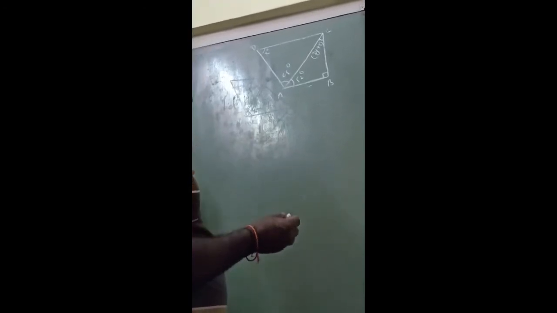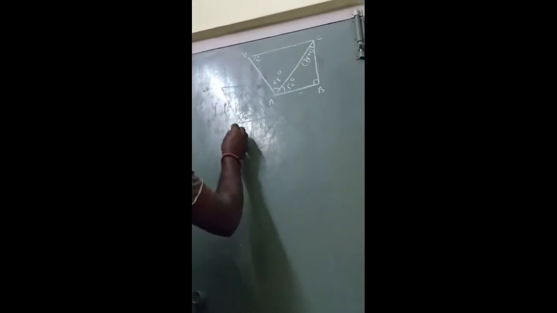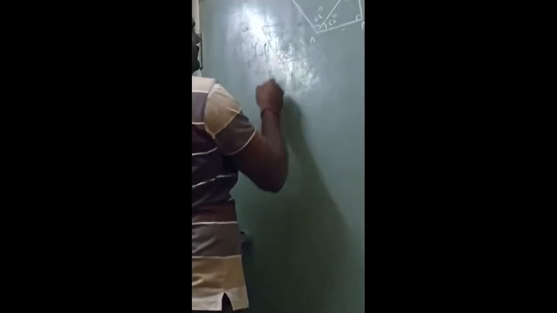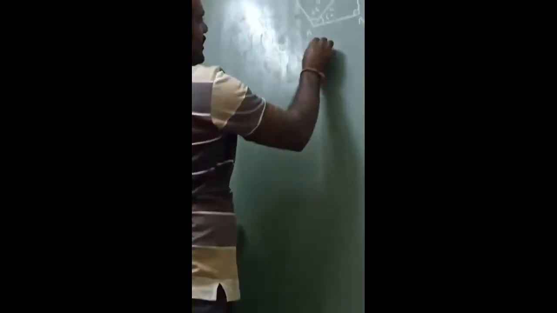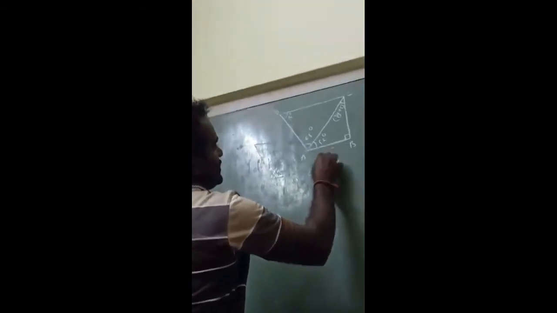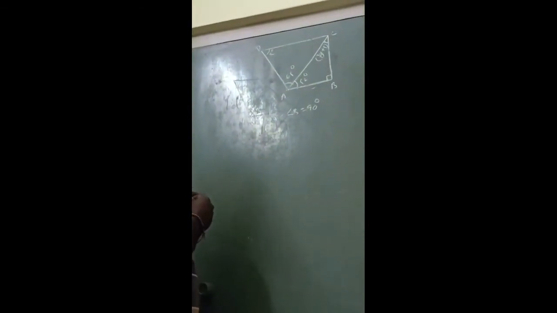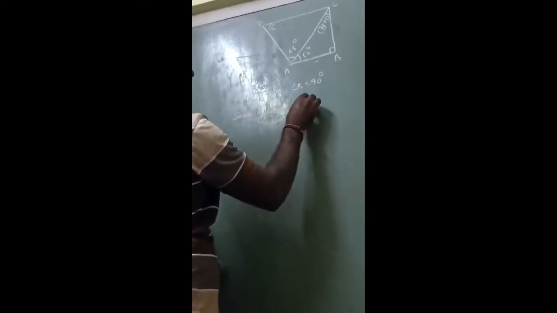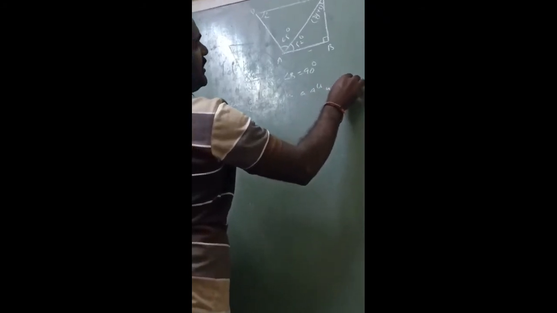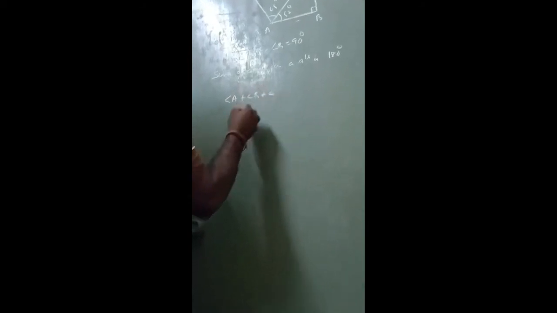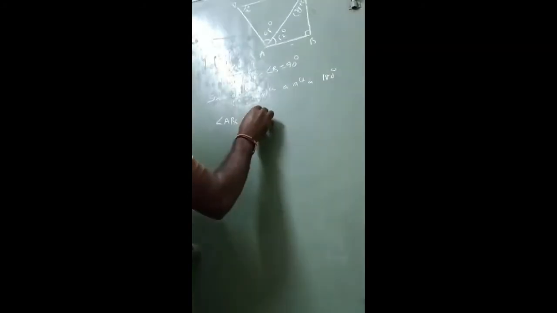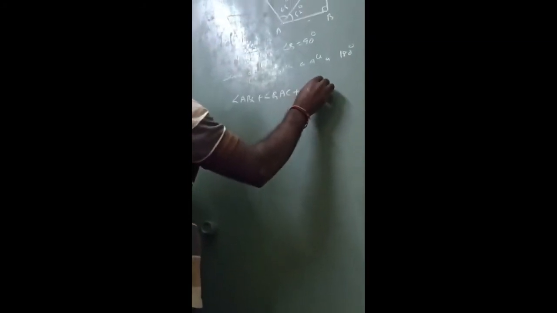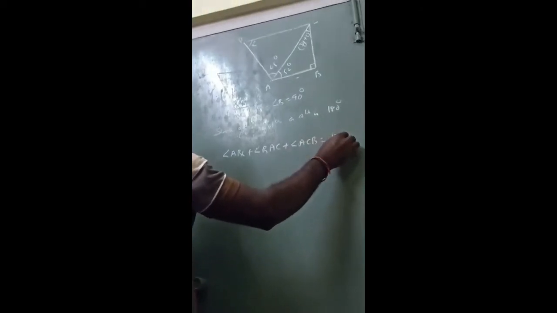First of all, what is given: in triangle ABC, angle B is equal to 90 degrees. The sum of angles in a triangle is 180 degrees. So angle ABC plus angle BAC plus angle ACB is equal to 180 degrees.